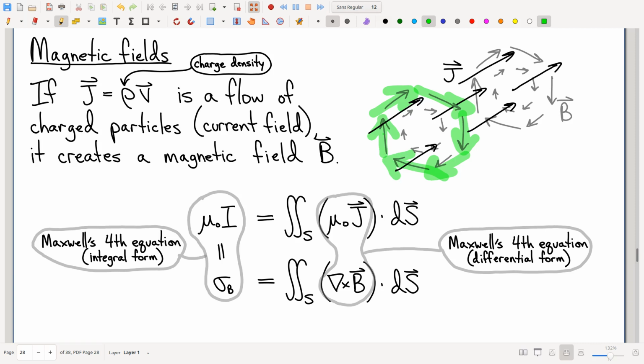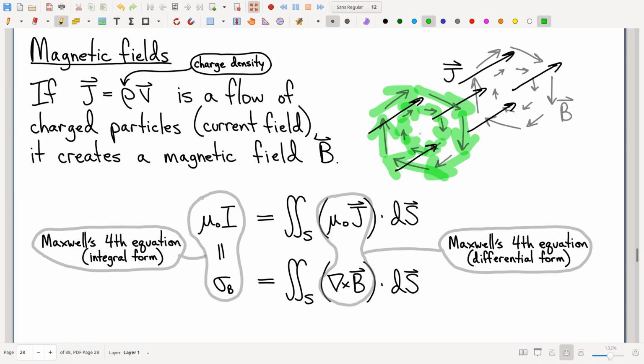And magnetic fields tend to go around in circles-ish. That's an overstatement, but something along those lines, perhaps, given how I have my current field drawn. So weird, but current creates this magnetic field.